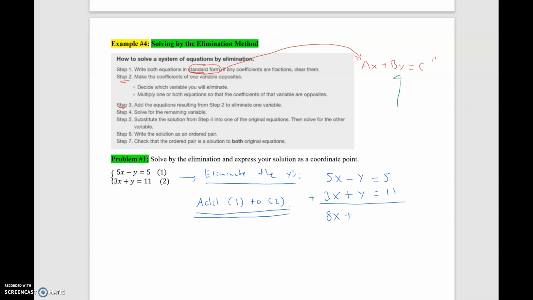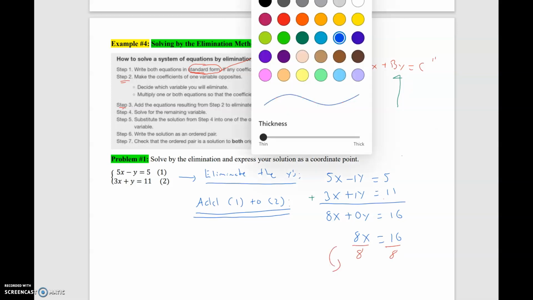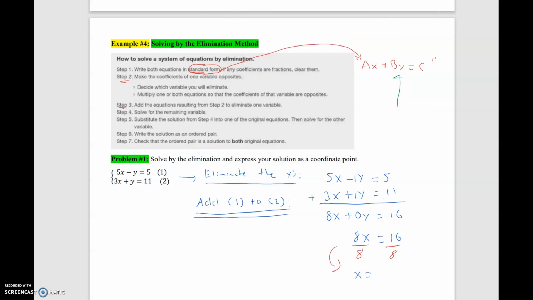They have opposite multiples. Technically -1 and a 1, so 0y is equal to 16, or 8x is equal to 16. And then at this step, you can technically divide by 8, and conclude that x is equal to 2.